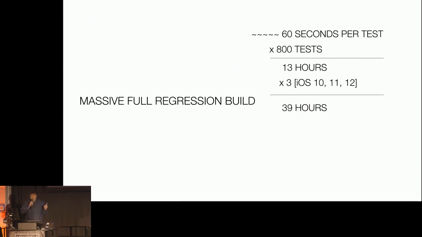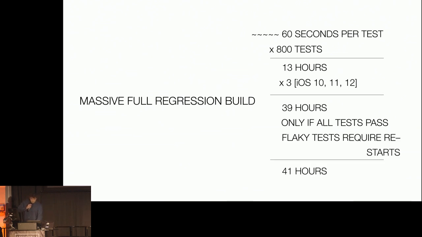And it gives you 39 hours. And that's only if a test fails or passes immediately, after a single run. But if it fails, you have to retry it because it might be flaky. So it gives you, after all the retries, 41 hours of pure UI testing on the build machine.